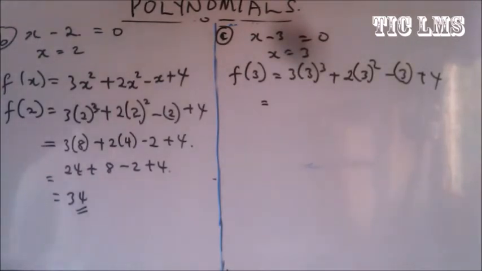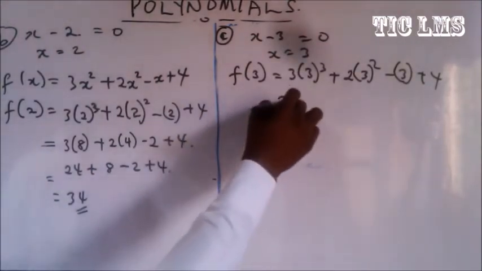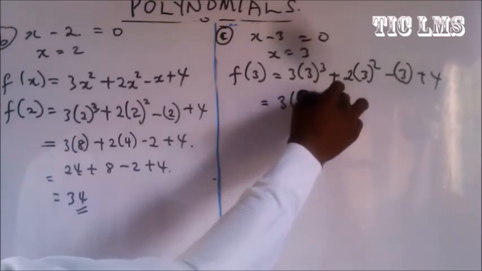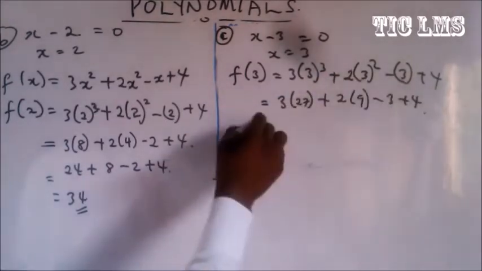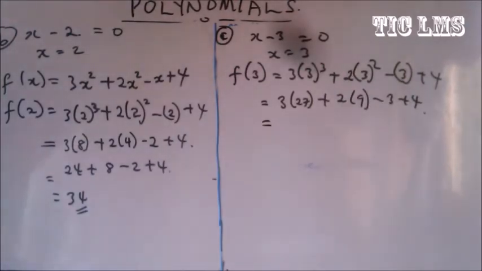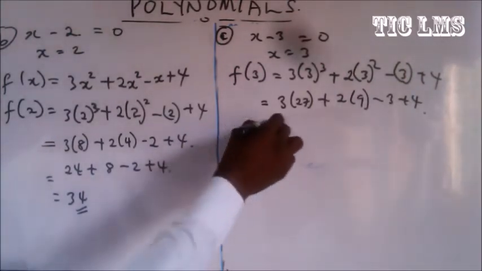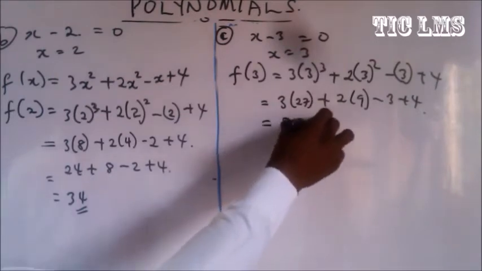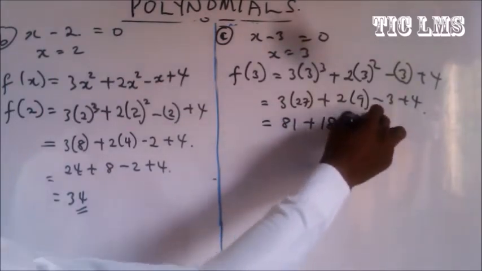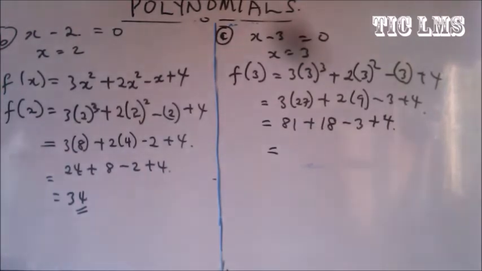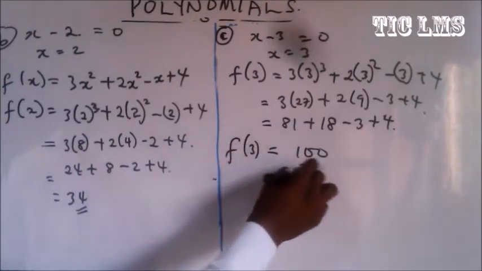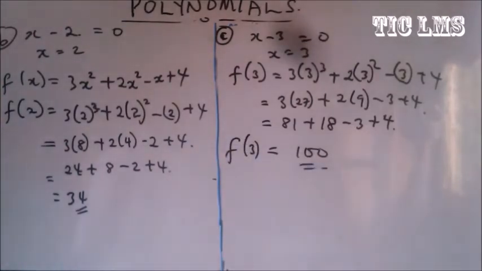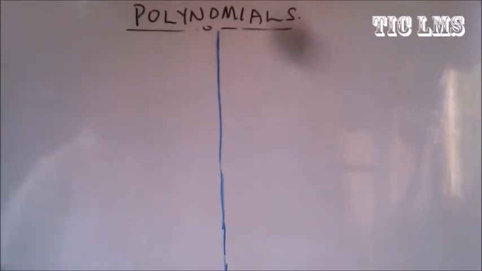We have it that 3 cubed is 27, so we have 3 multiplied by 27 plus 2 times 3 squared, which is 9, minus 3 plus 4. 3 multiplied by 27 gives 81, plus 2 times 9 is 18, minus 3 plus 4. Now when we add all this together, we will arrive at 100. So we have that our f of 3 is 100. So that's the remainder. Next question.